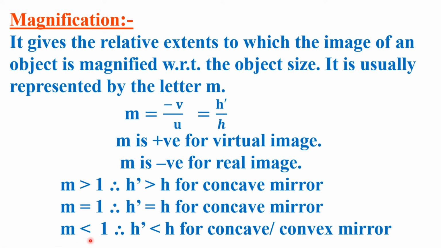When magnification is less than 1, H dash is less than H for both concave as well as convex mirrors. So the height of the image is less than the height of the object, and magnification is also less than 1.